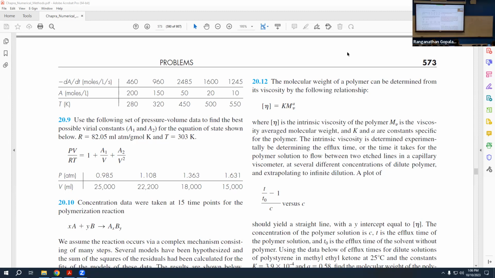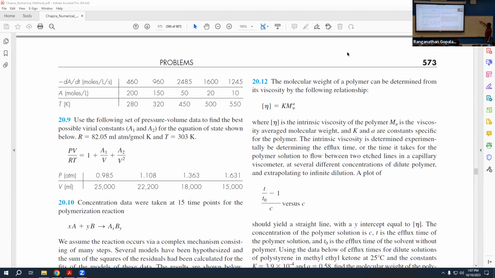Before you start, what will be the value or the units for A1 and A2? What is the unit of 1? Unitless. It's a pure number. PV over RT obviously also has no units, because PV equals nRT, the ideal gas equation, where n is the number of moles.